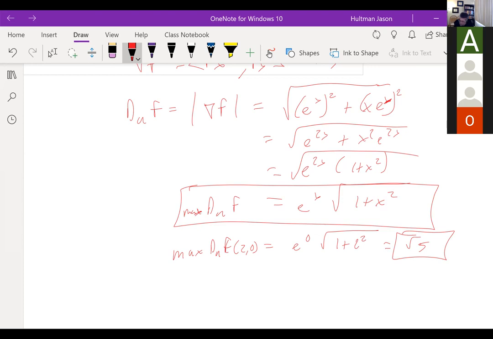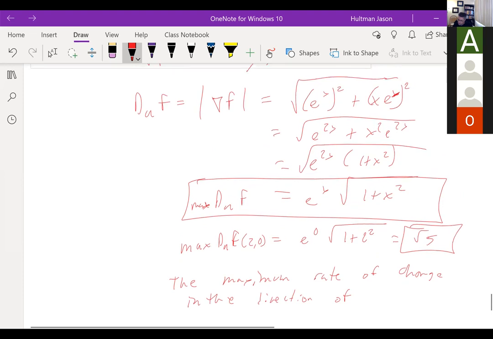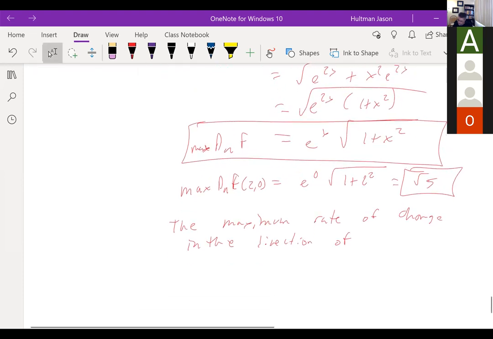Okay, the maximum rate of change in the direction of what? Well, it's in the direction of del F. What was del F at (2, 0)? Del F was (e^y, x e^y), right?